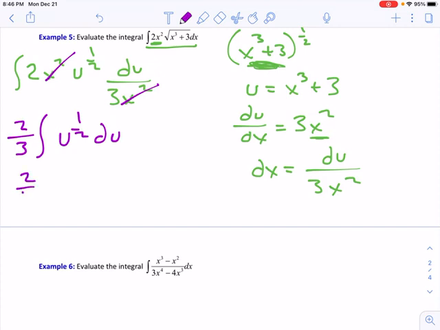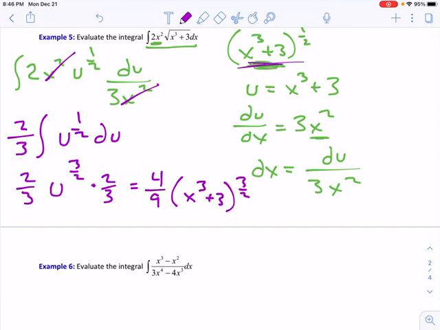So we have 2/3 times u to the 1/2 plus 1, which would be 3/2, divided by 3/2 or times 2/3. Or in other words, 4/9 times my u, which is x cubed plus 3, raised to the 3/2 power plus c. And there we have it.